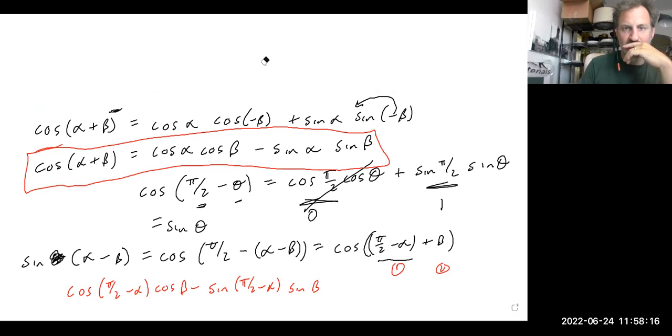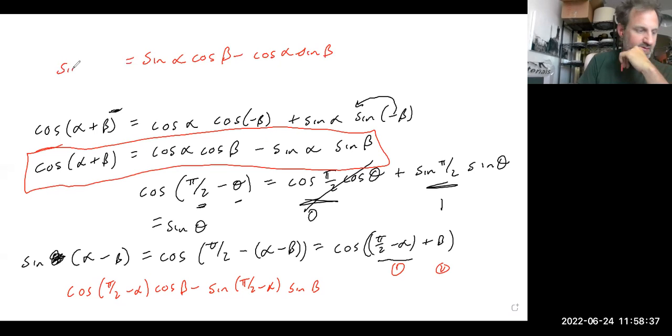Think about it in terms of trigonometry. If we're standing in one corner of the triangle, sine of pi halves minus alpha is the same as cosine alpha. So this is where we get our simplified version. Sine alpha, cosine beta, minus cosine alpha, sine beta. This is sine alpha minus beta.